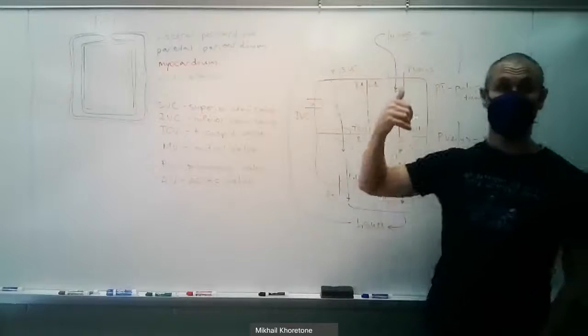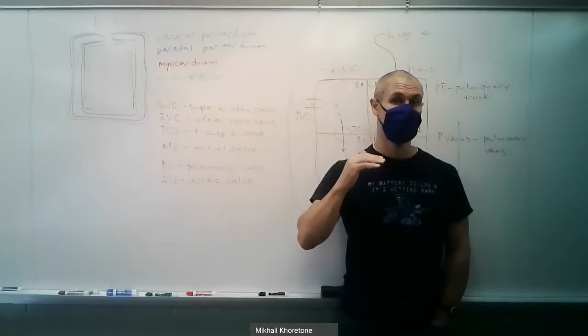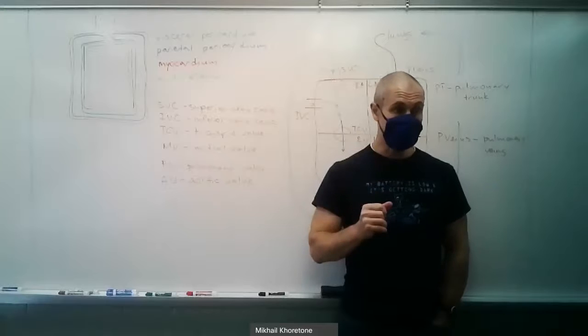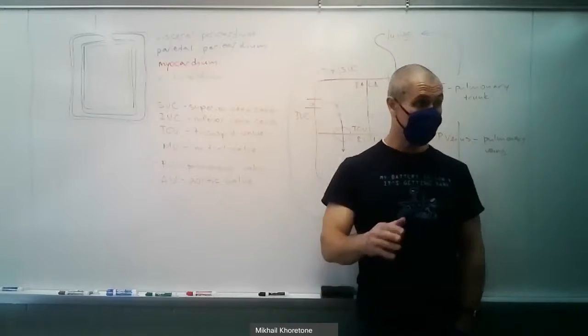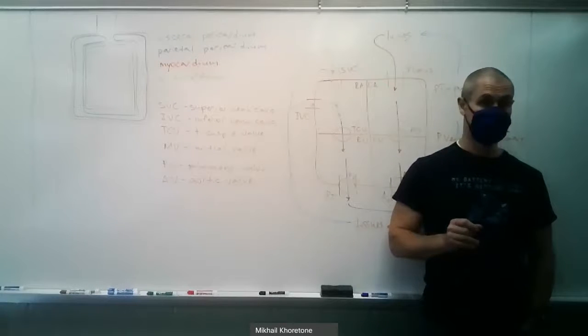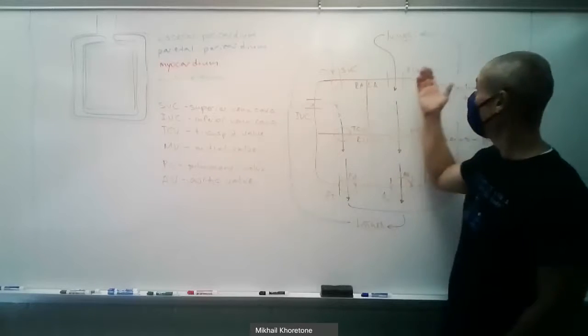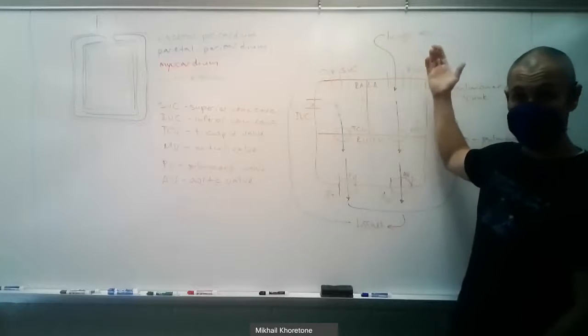That also explains the fundamental difference between these two circuits. Pulmonary circuit has very low resistance and very low pressure. Do I make sense? Systemic circuit has high resistance and high pressure. The difference is about 4 times. Does that make sense? Because blood doesn't move that fast there.